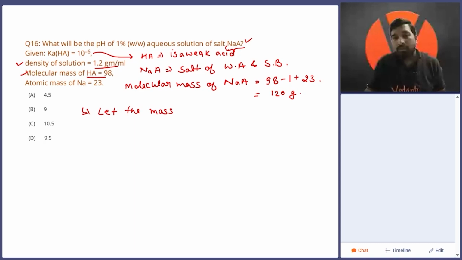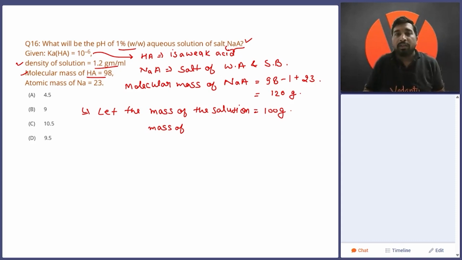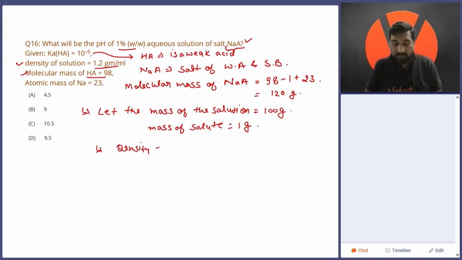Let the mass of the solution be equal to 100 gram. It means the mass of the solute is equal to 1 gram, and the density of the solution is 1.2 gram per ml.